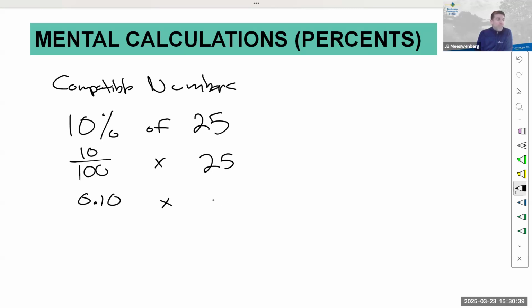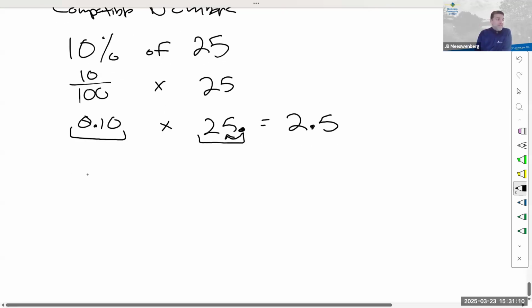And when you multiply by a decimal like 0.1, you get this. We've talked about this before. 0.1 times 25 is 2.5. And so the decimal point in the number 25, when we multiply by 0.1, shifts one spot to the left to get 2.5. Taking 10% of a number is as easy as that.